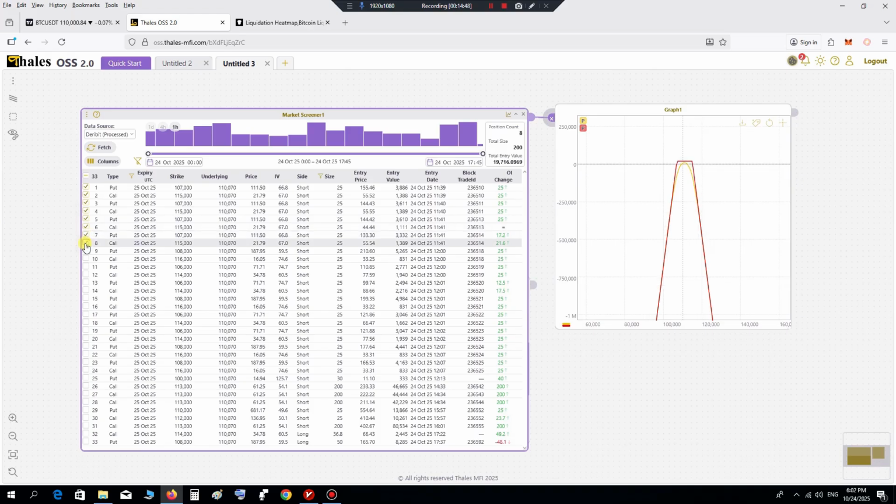Are all of these short strangles? Yes, look. All of these that I'm adding are blocks paired 2 by 2. In fact, the number of blocks and contracts are equal, and they're all short strangles.